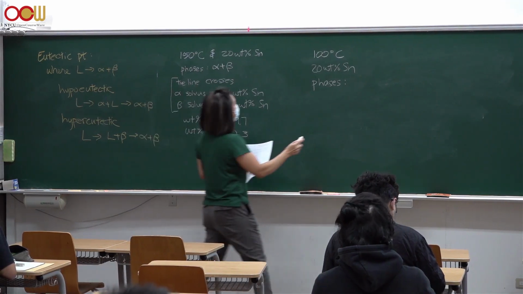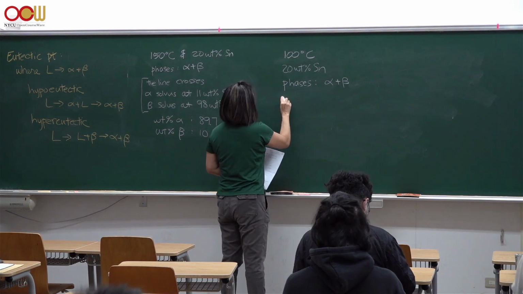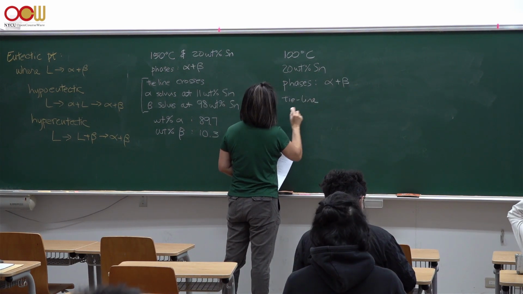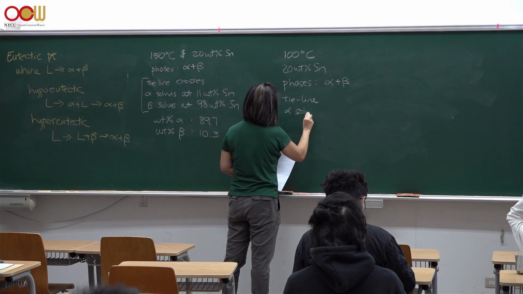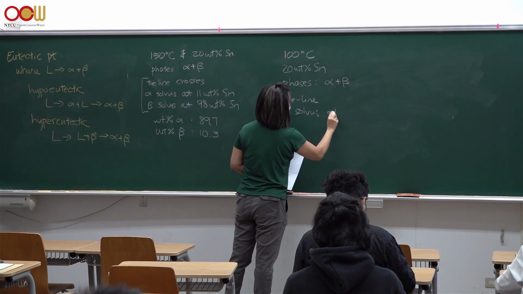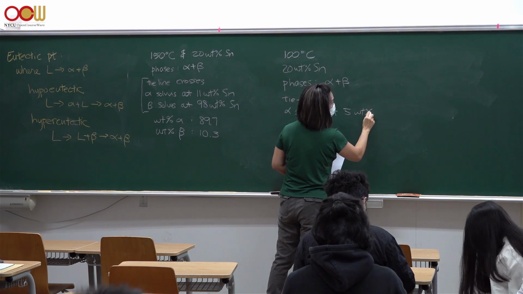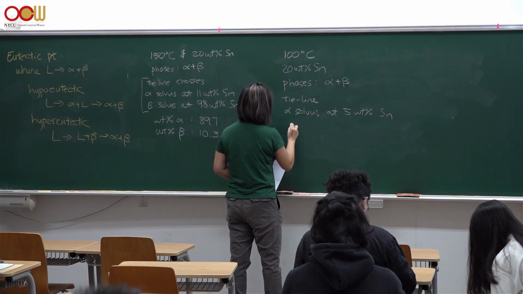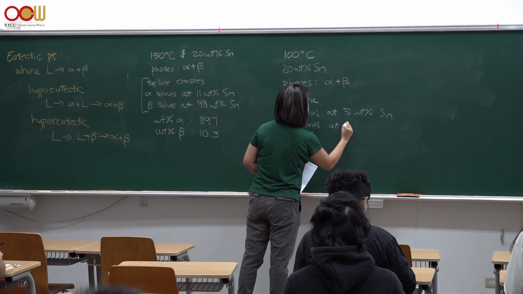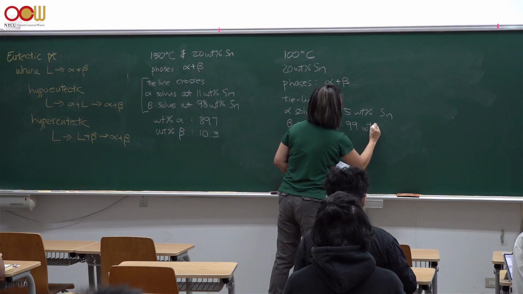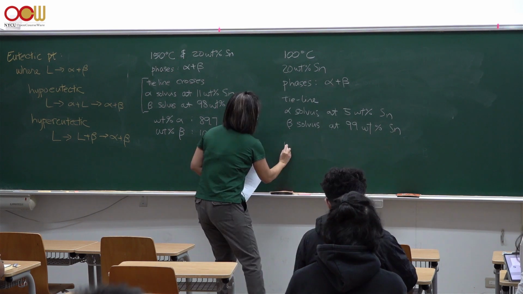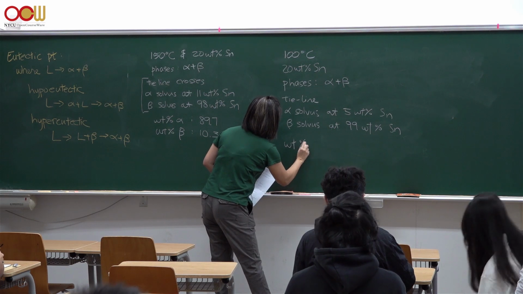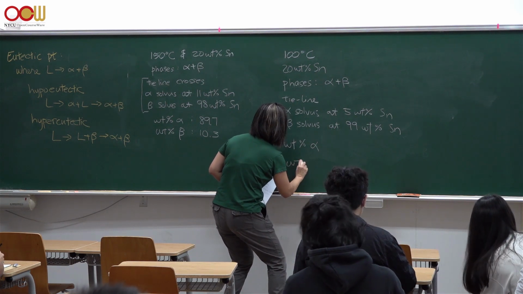Okay, alpha and beta. The tie line crosses the alpha solvus at 5 weight percent tin, and the beta solvus at 99 weight percent tin. So calculate the weight percent of alpha and the weight percent of beta.